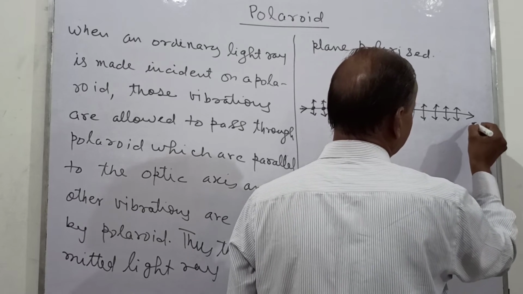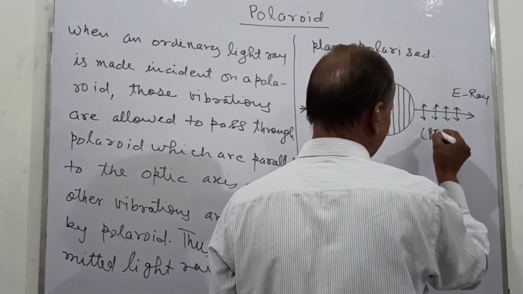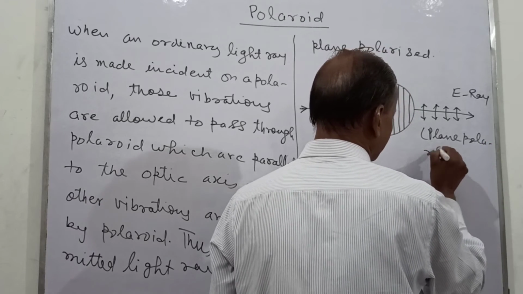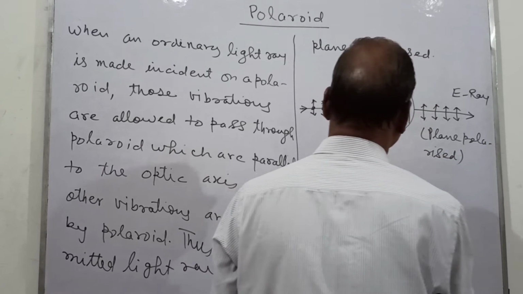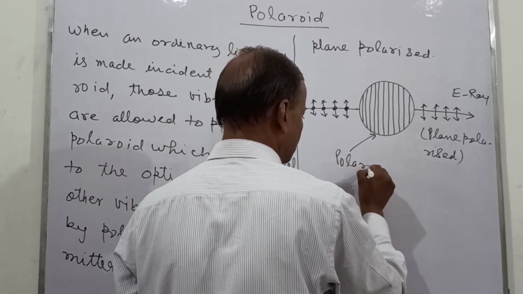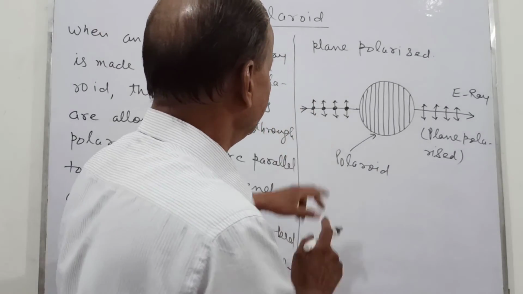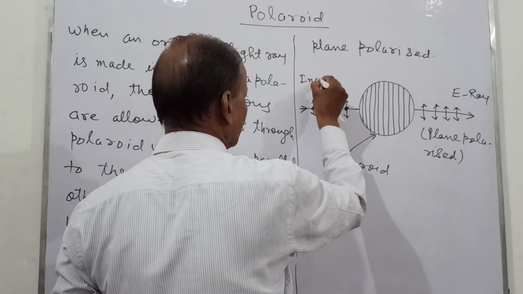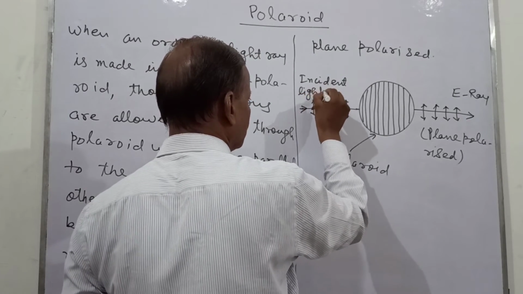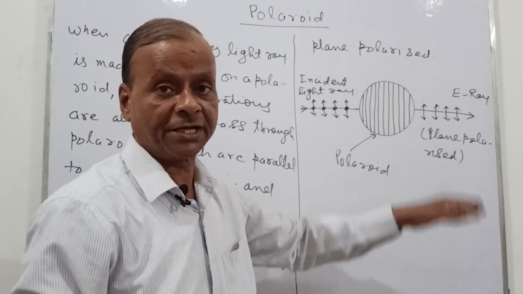So this is the E ray, and this is plane polarized. This is the polarizer, Polaroid. So this is the incident light ray. This is the Polaroid. These are the optic axis.